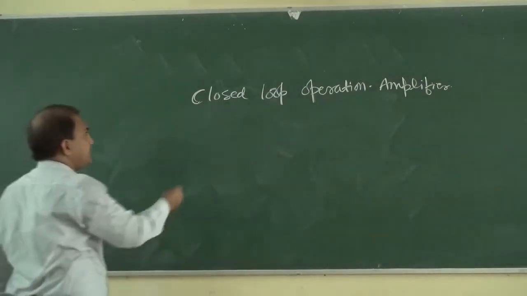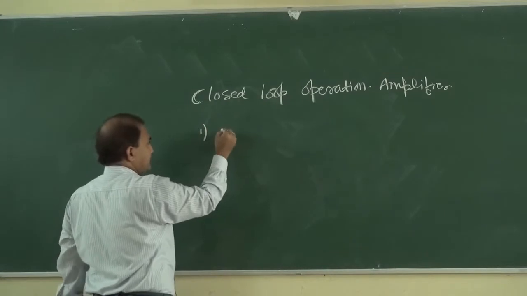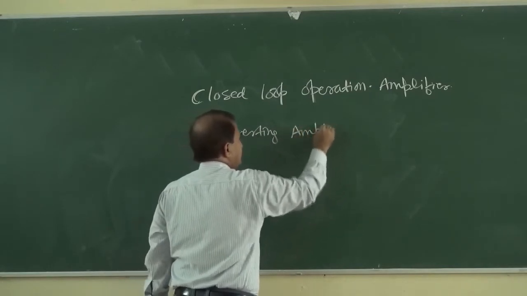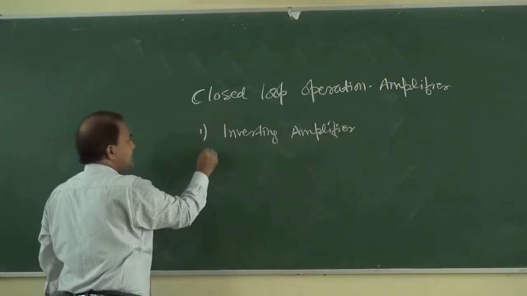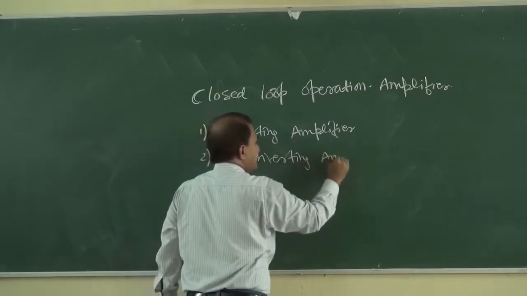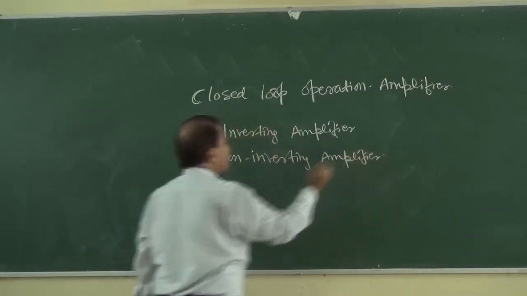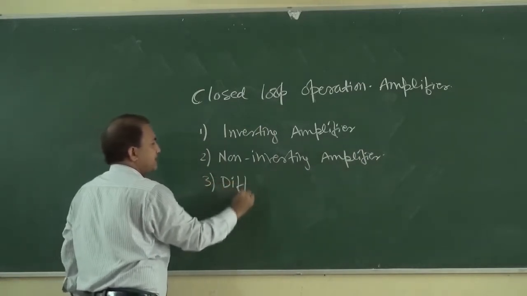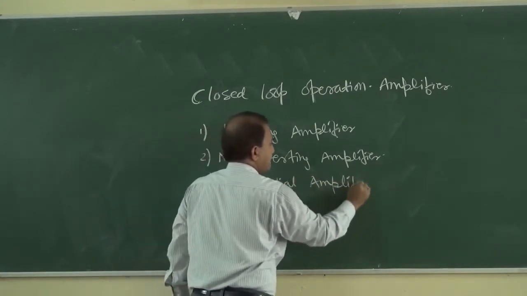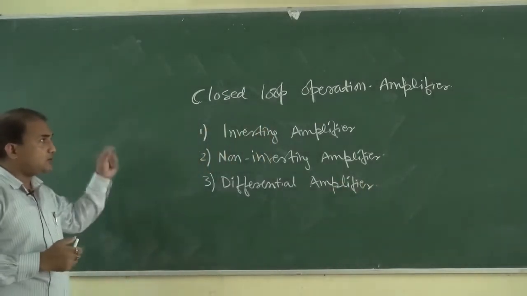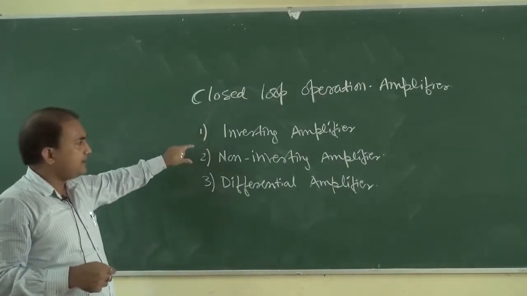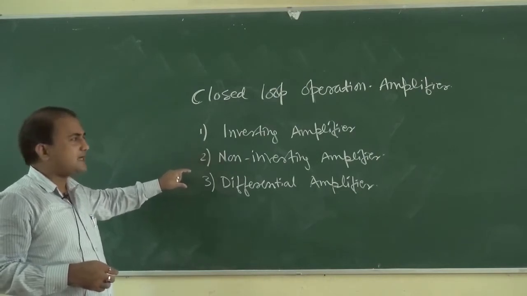In closed loop operational amplifier, we have to study first the inverting amplifier, second the non-inverting amplifier, and the third the differential amplifier.